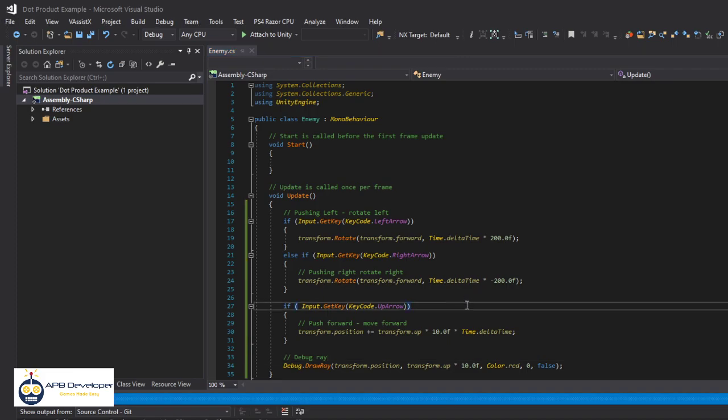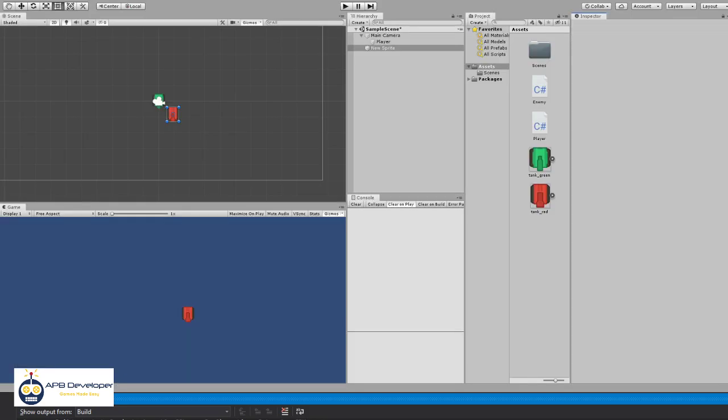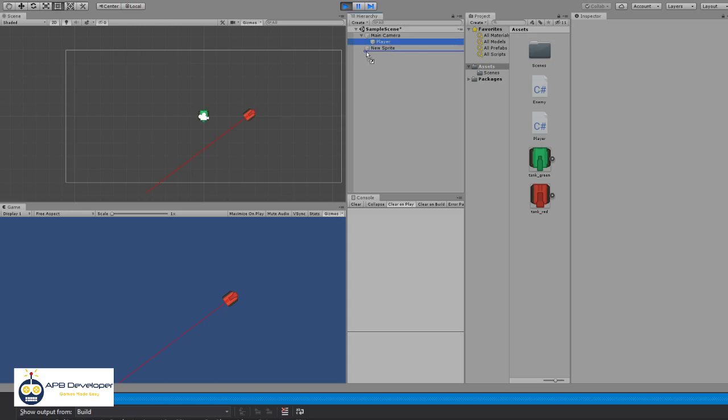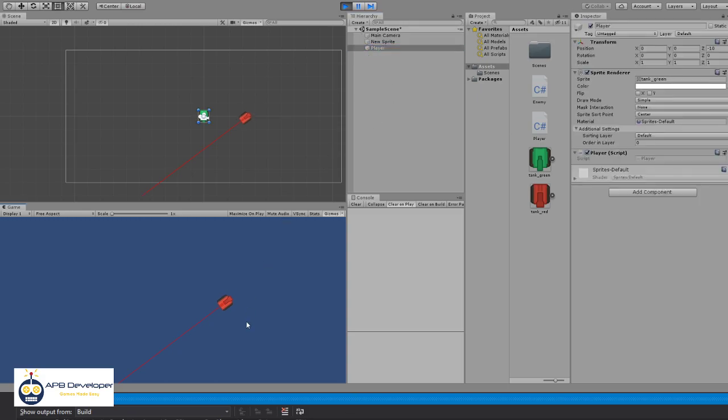Hopefully, all being well, we now flick back to Unity. If I run this, well, I'll put that on the red tank. But there's our green tank with the player script on it.